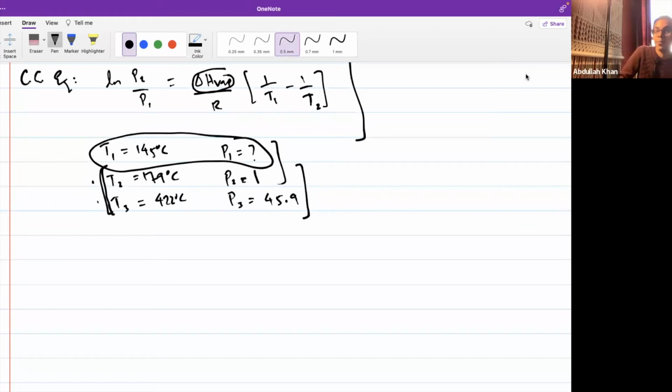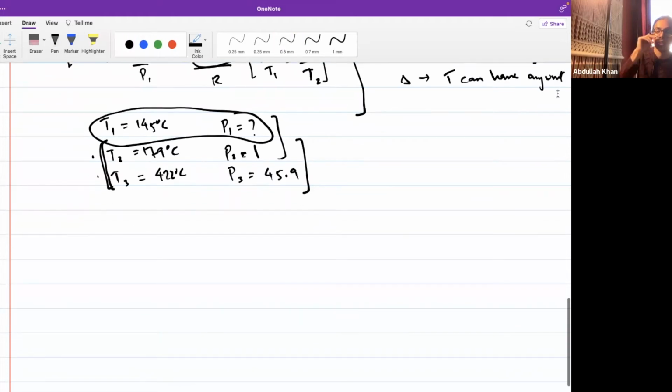A ratio of pressures means pressures can have any unit. If it's a difference, then temperature can have any unit except Fahrenheit, so it can be Kelvin or Celsius. But if you have 1 over temperature, then you've got to use standard units.